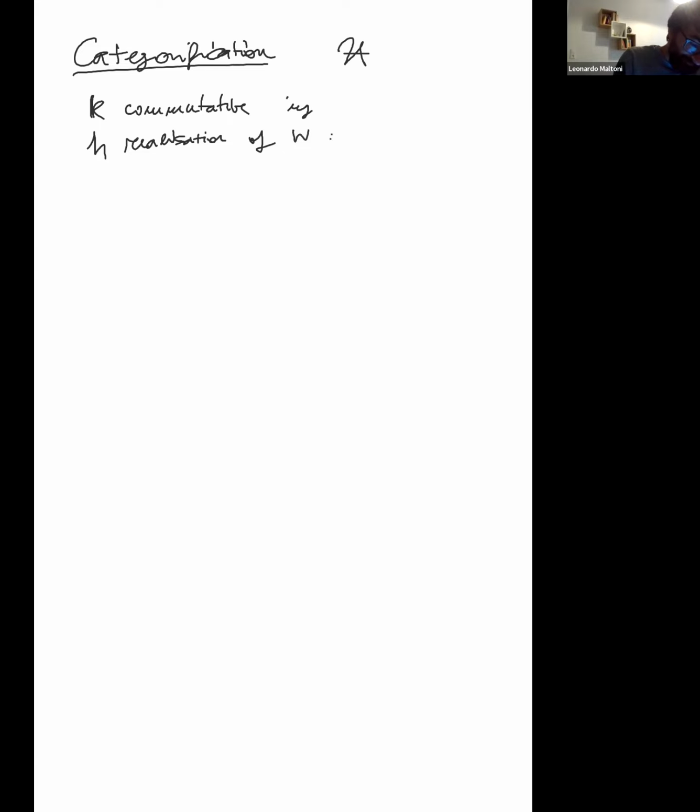It means a free finite rank K-module with a W action, which is a representation of W, such that it contains some elements called simple coroots, and its dual contains elements called simple roots, mimicking what happens in the usual root system.